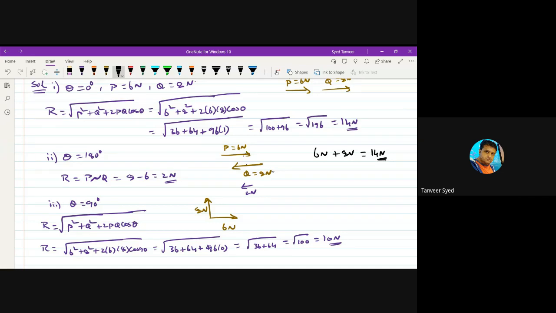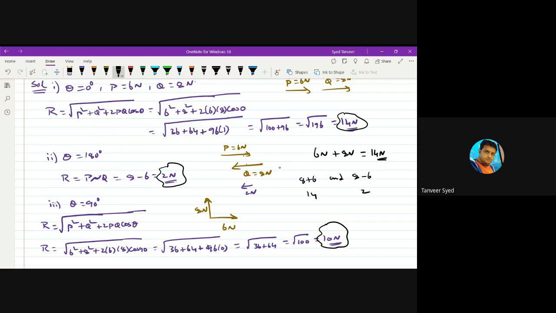That's why one time you are getting 14 Newton, in another situation you are getting 2 Newton, in another situation 10 Newton. In another situation you might get 7 Newton, or 1 Newton, or 12 Newton. So you can get values which lie between 8 plus 6 and 8 minus 6. 8 plus 6 is 14, 8 minus 6 is 2.